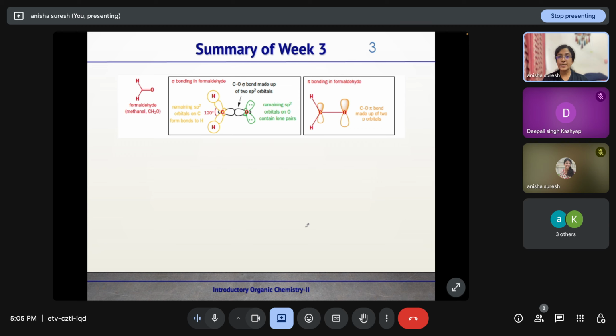Now, coming towards the hybridization concept of the carbonyl compound. We are considering formaldehyde here. You can see this is a C double bond O, right? There is a sigma bond as well as a pi bond. We know that this is an sp2 hybridized compound.